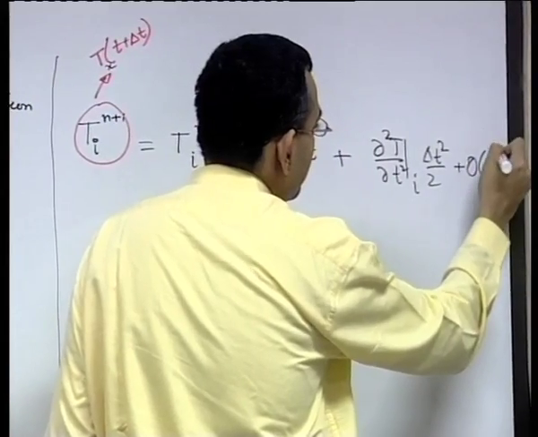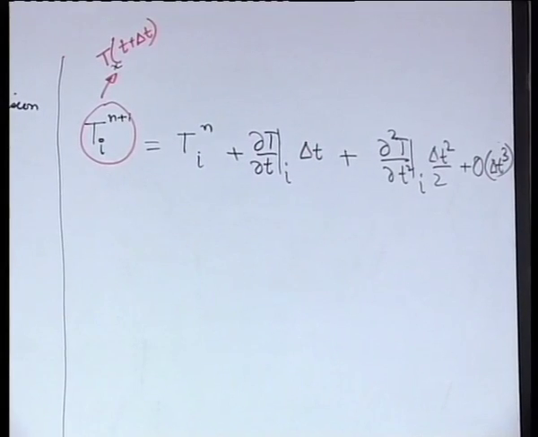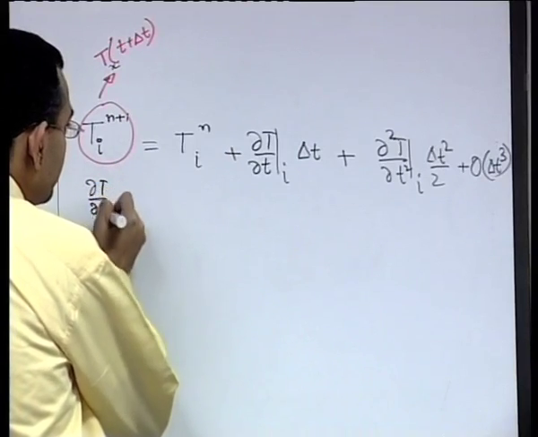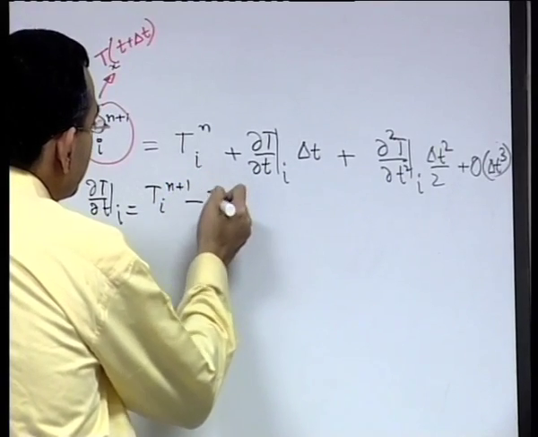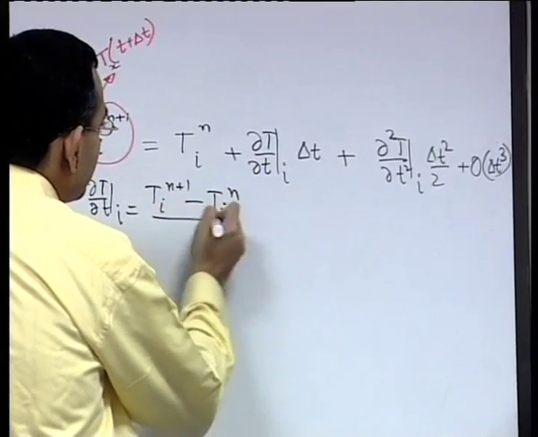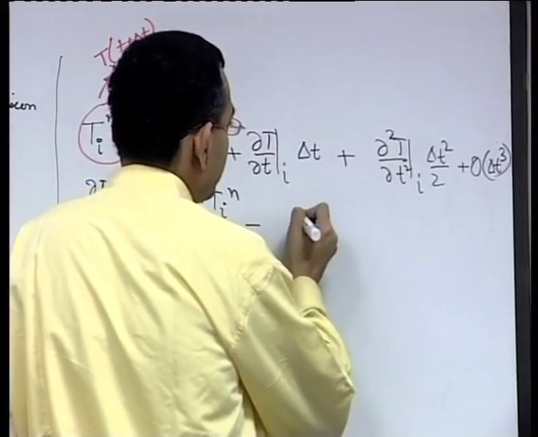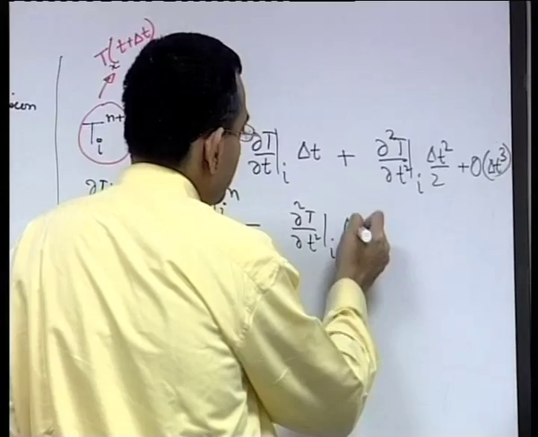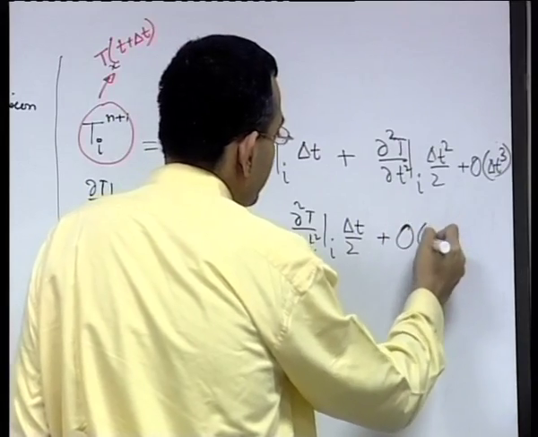If we consider the higher order terms, that is of the order of delta t cube. So, we can write minus plus of the order of delta t square.